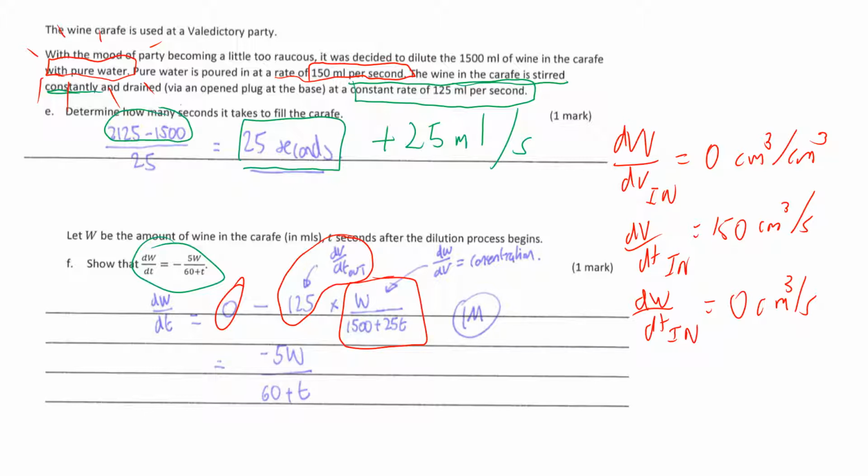W is that variable representing the amount of wine in the carafe, constantly changing as a function of time. What about that denominator? It starts at 1500, and every second that passes, we gain 25. So that's where that's coming from. So putting that all together and simplifying, we come up with the required expression for the DE.